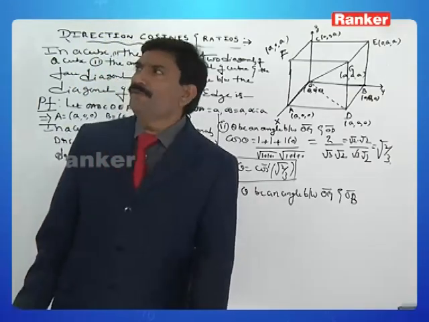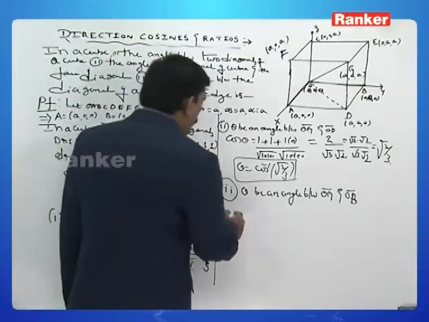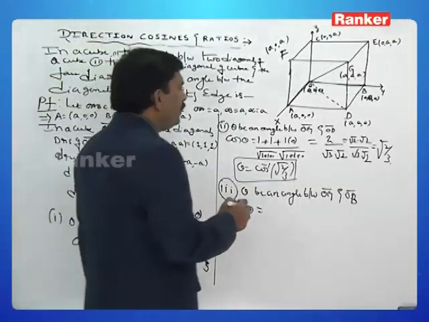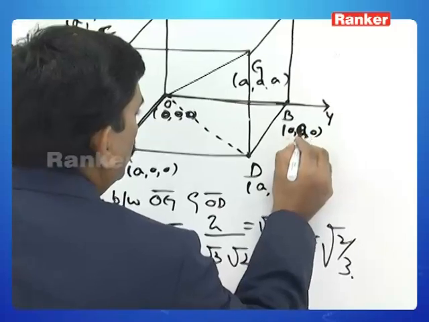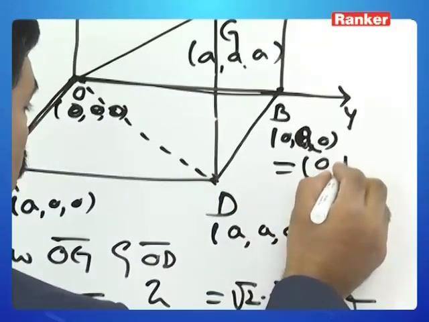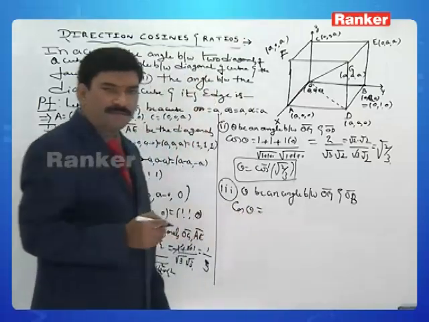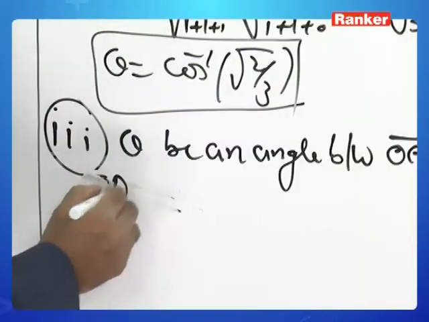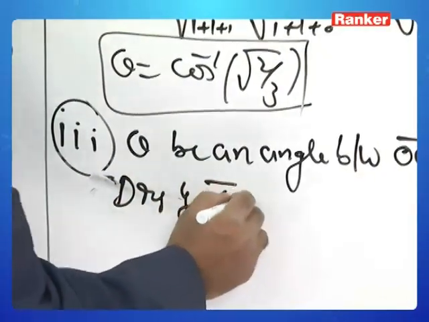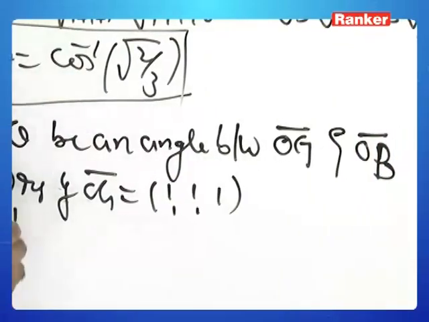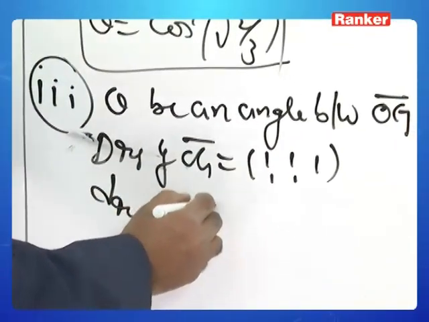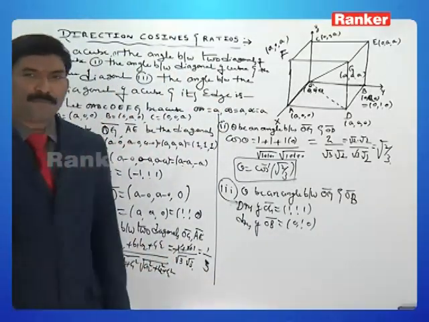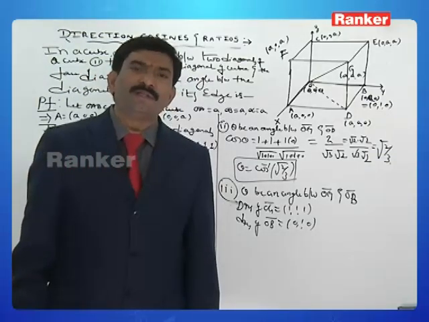So therefore, what I can write is cos theta is equal to... now, what is common here? B is nothing but A. I can write this as 0, 1, 0, correct? So, you know already, I can write OB. So therefore, what is common? DRs of OZ bar are 1, 1, 1. Then DRs of OB bar are 0, 1, 0.